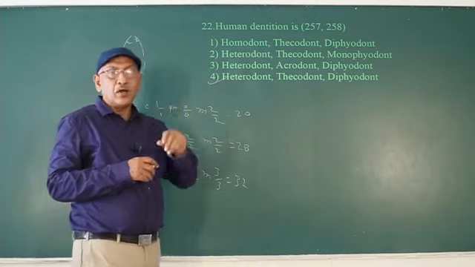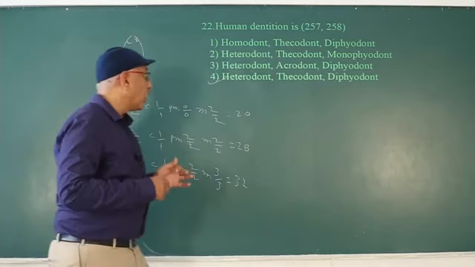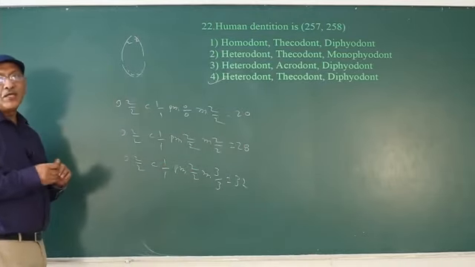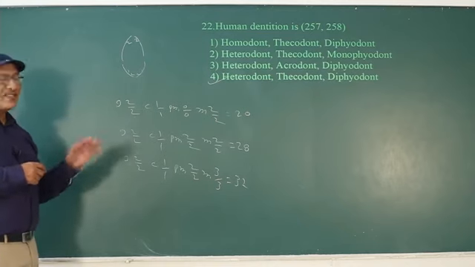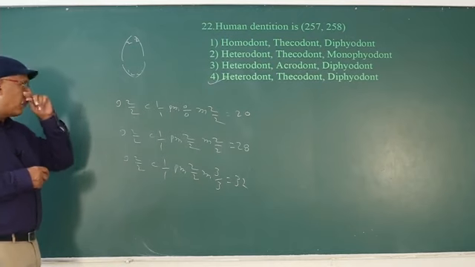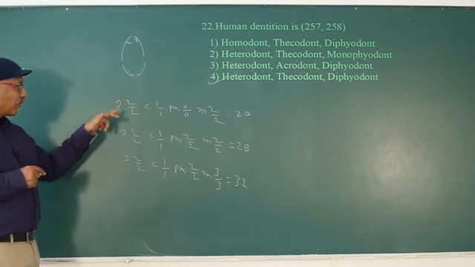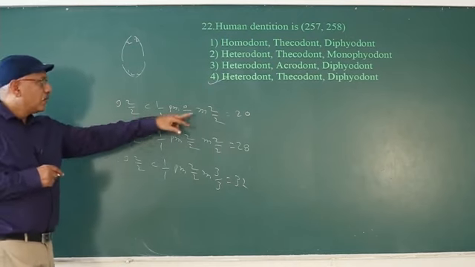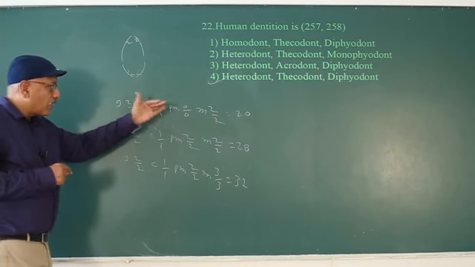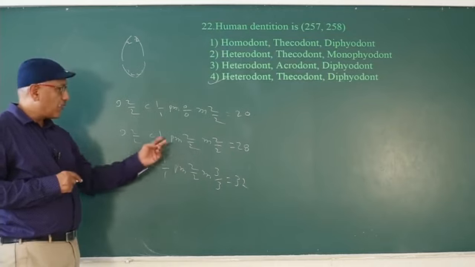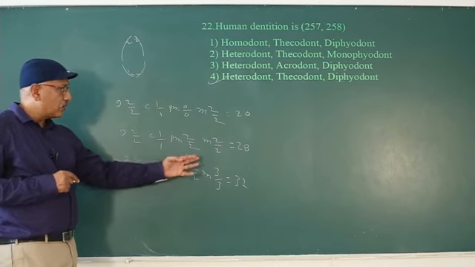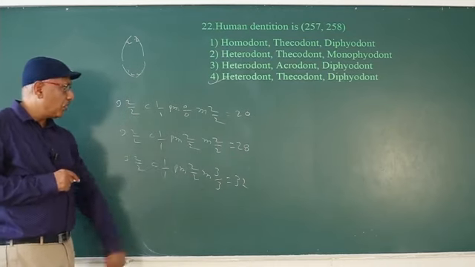Another possible question: how many teeth are formed twice in human beings? Diphyodont means teeth are formed twice. It does not mean that all teeth are formed twice. Only incisors, canines, and 8 molars are formed twice. Observe, all premolars are formed only once, and last molars are formed only once.